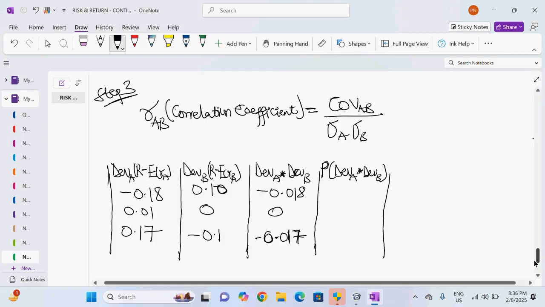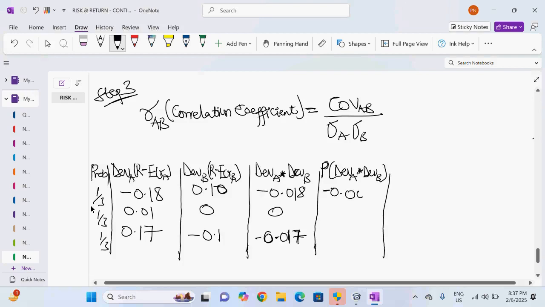Then now use the probability. The probability is 1/3, 1/3 for all of them. So multiply the probability times deviation A multiply deviation B. Negative 0.006.